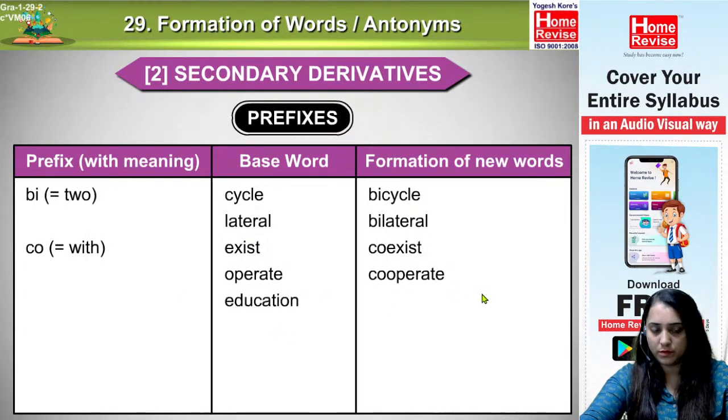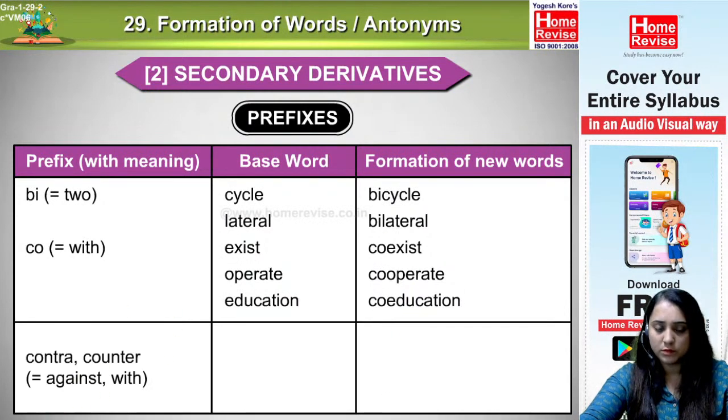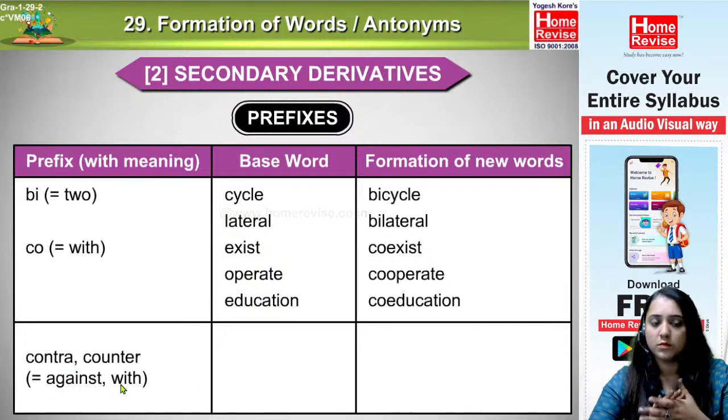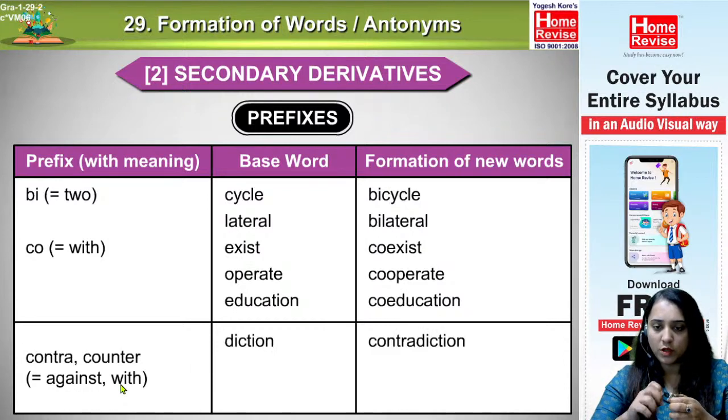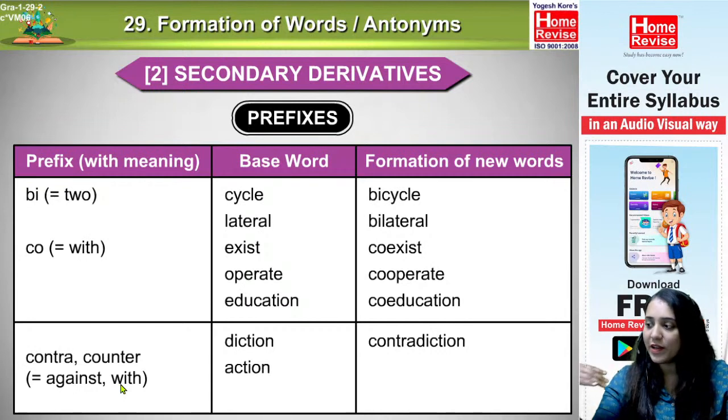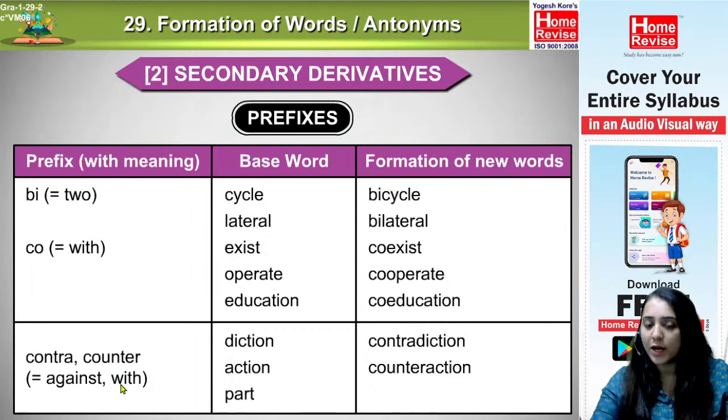Prefixed to education, forms coeducation. Prefixes contra and counter, meaning against or with. Contra, prefixed to diction, forms contradiction. Counter, prefixed to action, forms counteraction. Prefixed to part, forms counterpart.